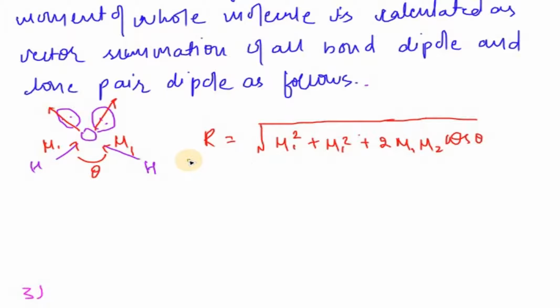That is the resultant vector in that direction, known as r.